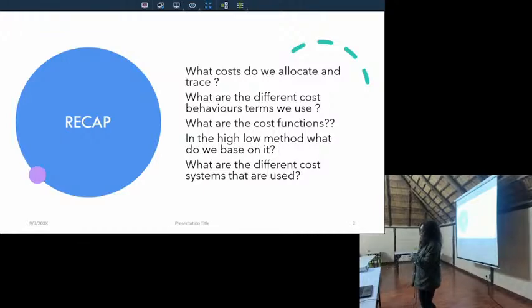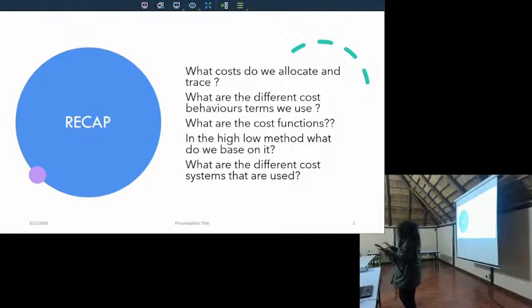Okay. So in the high-low method, what do we base it on? Do we base it on the highest expenditure, or do we base it on the output? So it's the cost function. It's a part of your cost functions, right? Remember when you have a mixed cost, there's this method that we call the high-low method, which separates your fixed cost from your variable cost.